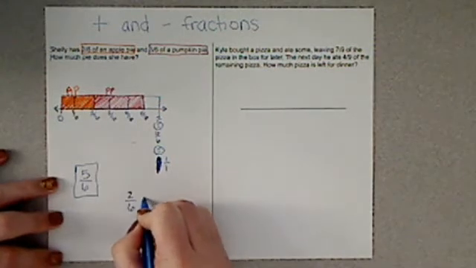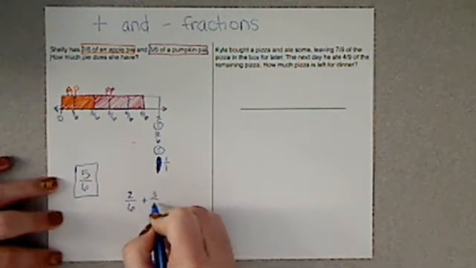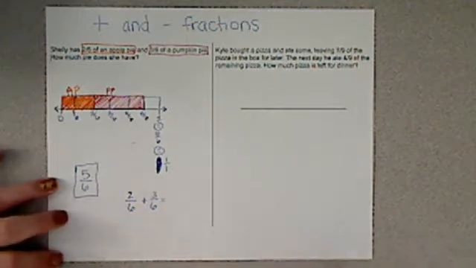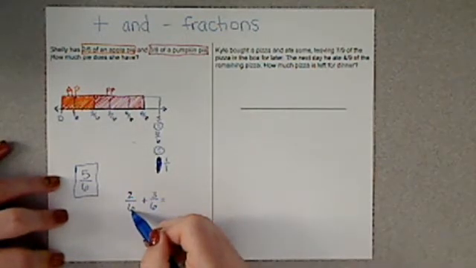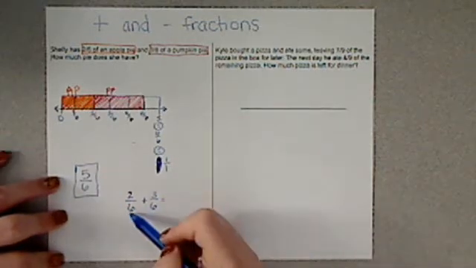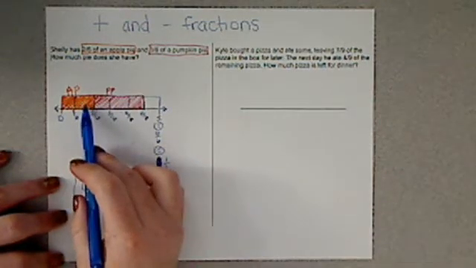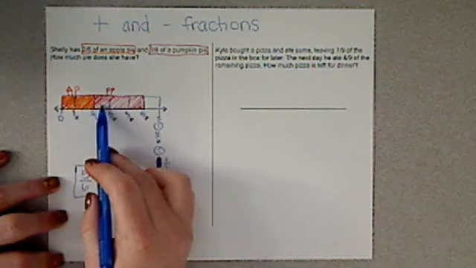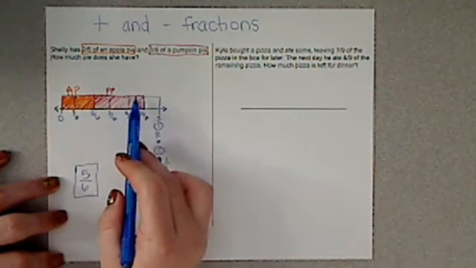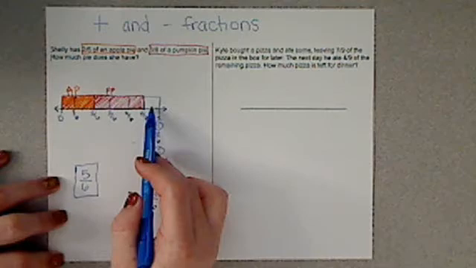You can also say 2/6 plus 3/6. And in this case, you have the same number of pieces. So this sixth is the same size as this piece, the same size as this piece, the same size as this piece, the same size as this piece, the same size as this piece.